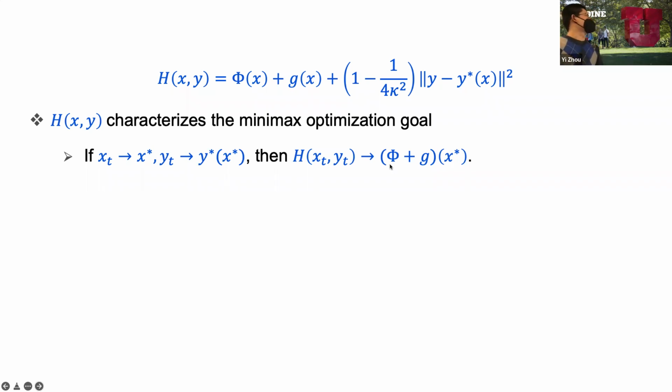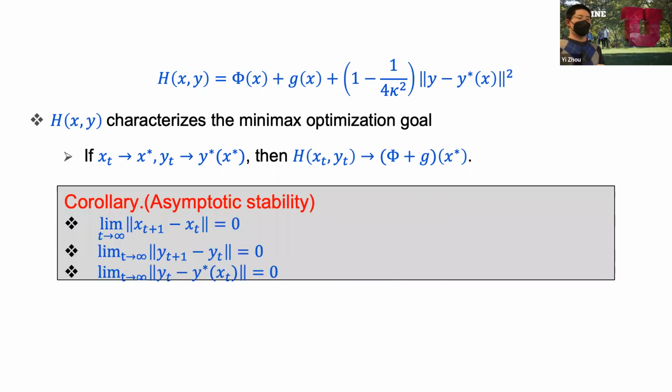This shows that this potential function is closely connected to the minimax problem. And once we have that potential decrease property, we can establish all these useful properties of the algorithm. We can show that all these model parameters are asymptotically stable, and in particular, the y_t sequence will converge asymptotically to the best response point, y star of x_t.